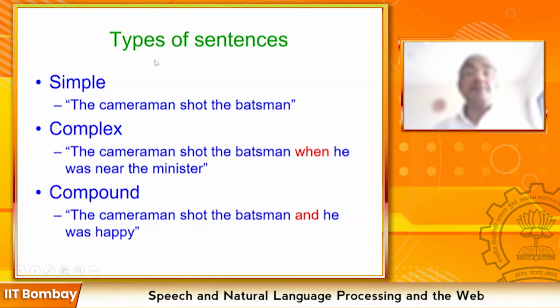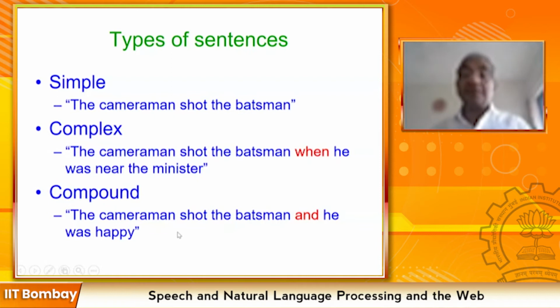Now, in this situation, we need to be clear about different types of sentences. Simple sentence: the cameraman shot the batsman. Complex sentence: the cameraman shot the batsman when he was near the minister, which introduces a clause. Compound sentence: the cameraman shot the batsman and he was happy. Again, it is not clear who was happy, the batsman or the cameraman.